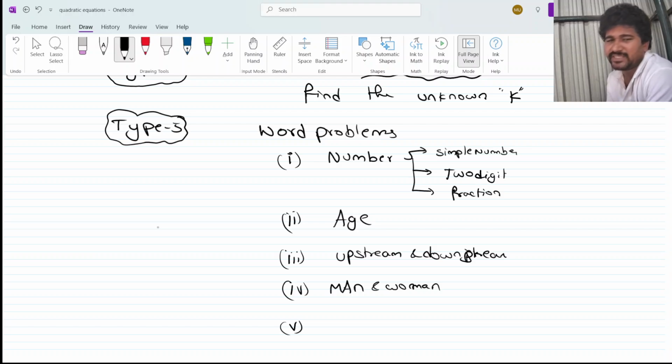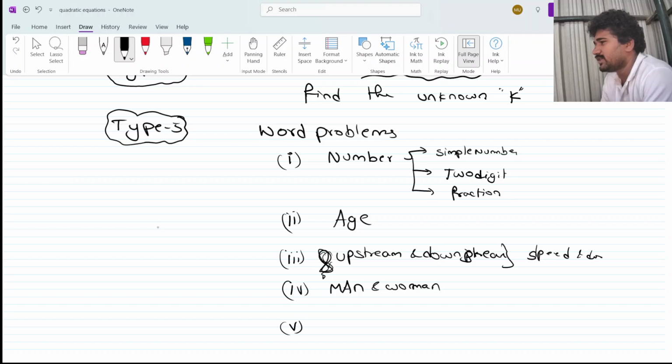And speed and distance. These two will come under speed and distance only. Okay, fine. There are some miscellaneous geometry related problems also. This kind of stuff we will see.